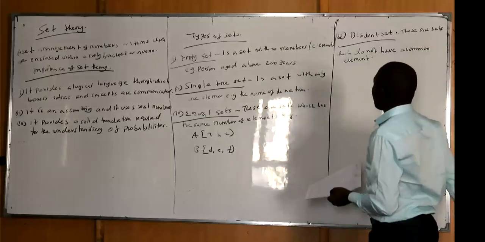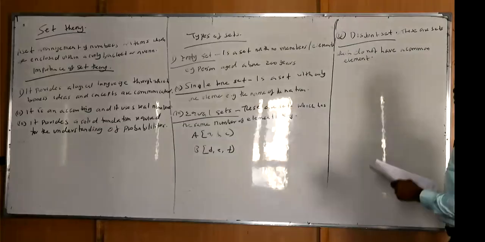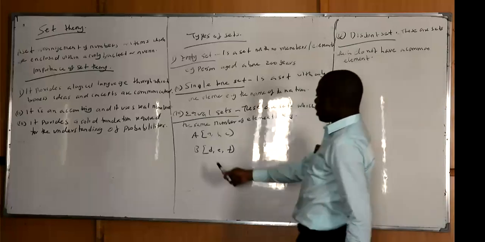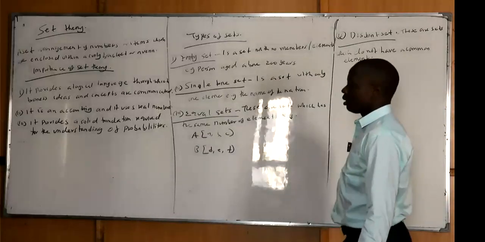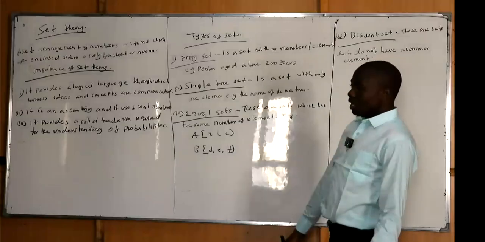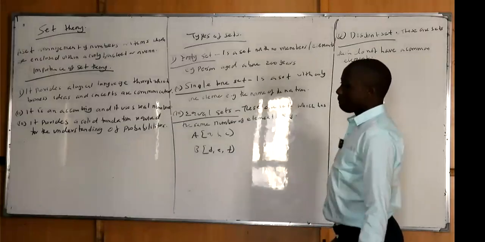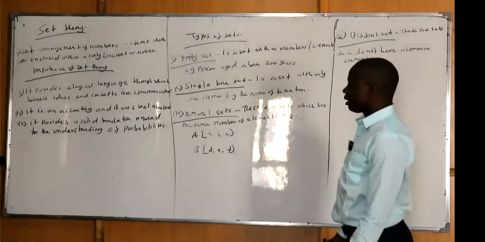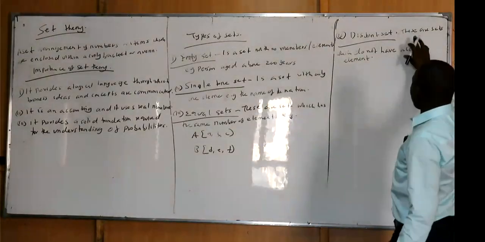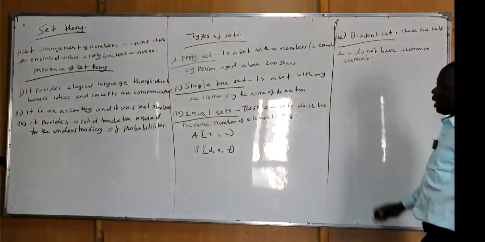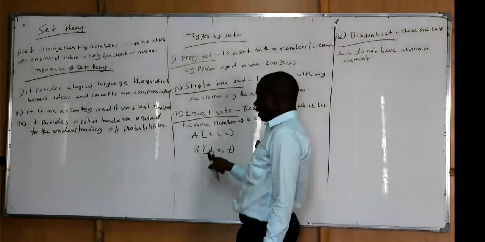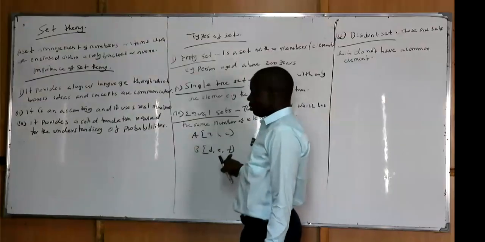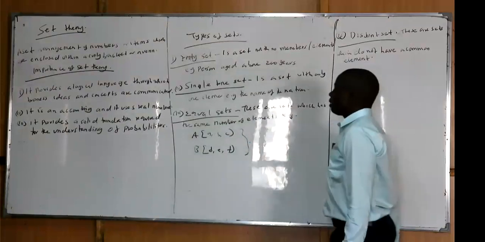Look, between set A and B, are they disjoint? A and B, they are equal, yes? Are they disjoint? They are not disjoint, because we have said these are sets which do not have a common element. Here there is A, here there is A. There is B, here there is B. There is C, here there is C. So this is not an example of a disjoint set.